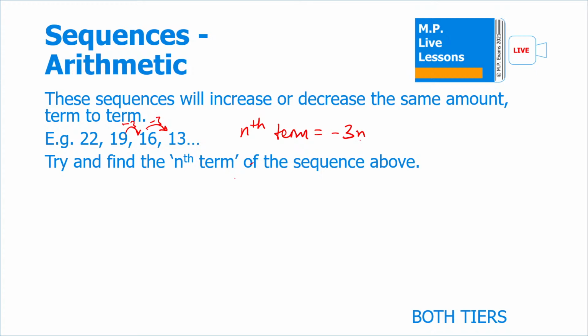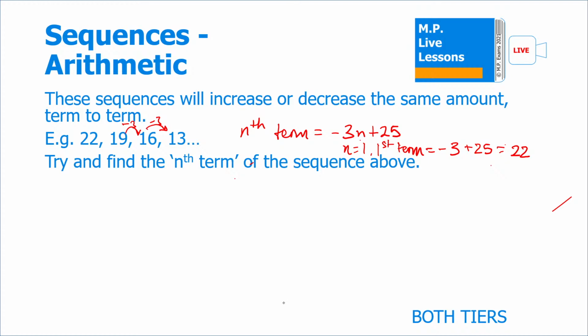Now we need to correct this almost, so let's say n equals 1, so the first term is negative 3, and we need that to be positive 22 instead. So to correct that, we have to add 25. So if we added 25 to this, we get 22.